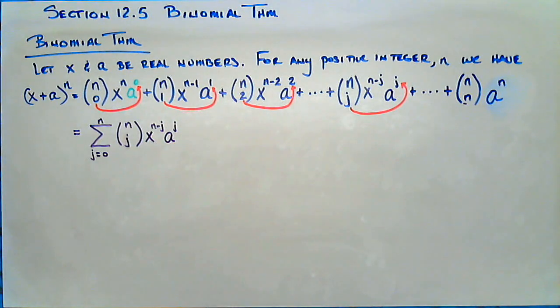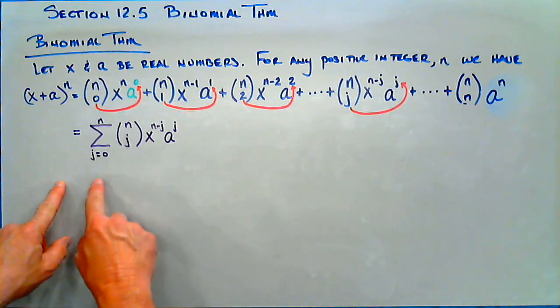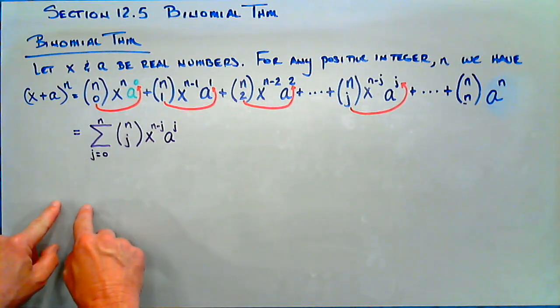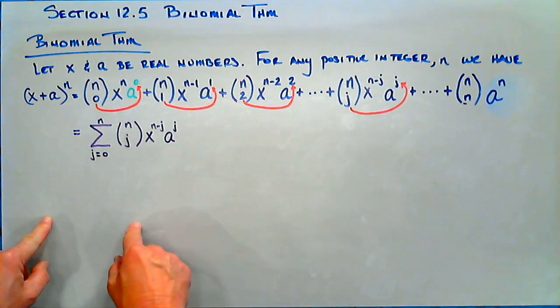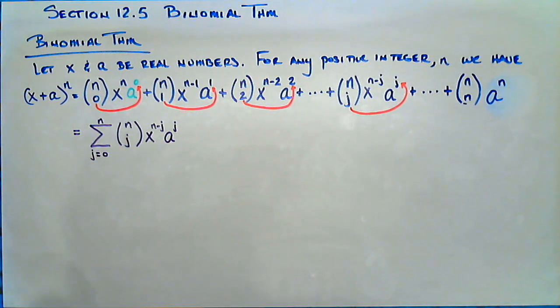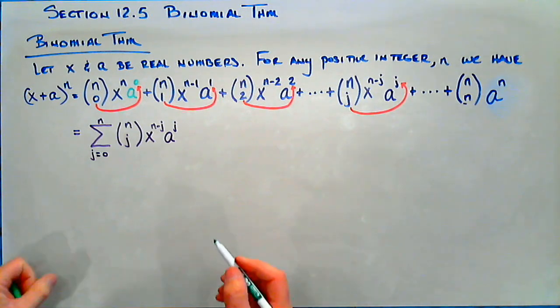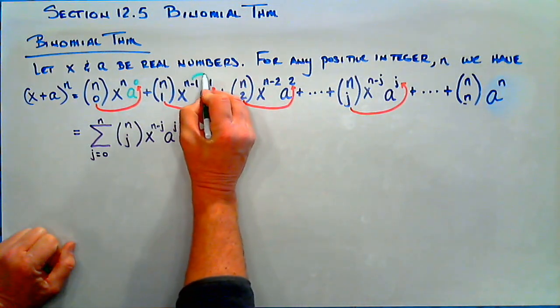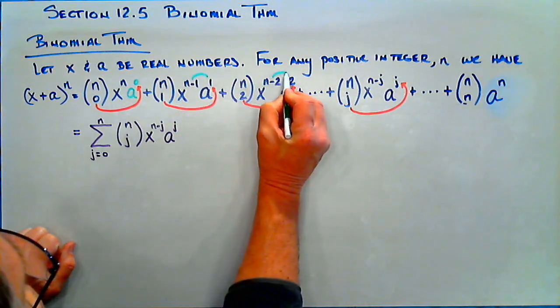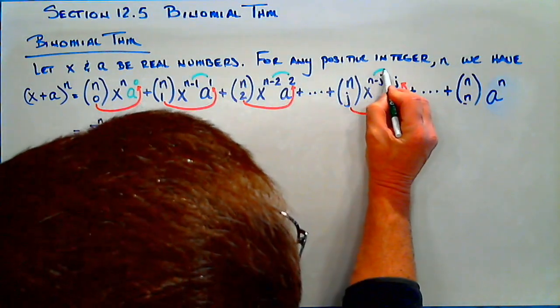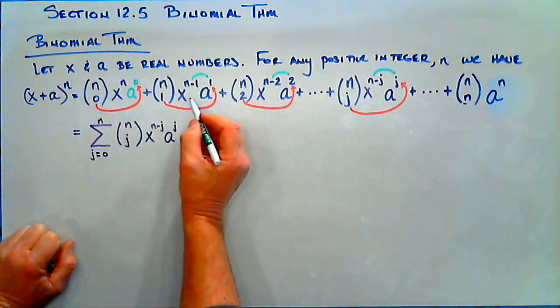Now, all the way back in the beginning of the video, when we were expanding using Pascal's triangle, x plus a to the second, x plus a to the third, x plus a to the fourth, go back and look at your notes. You have it written in your notes. I pointed out to you that every time you write these down, they have to add to n.